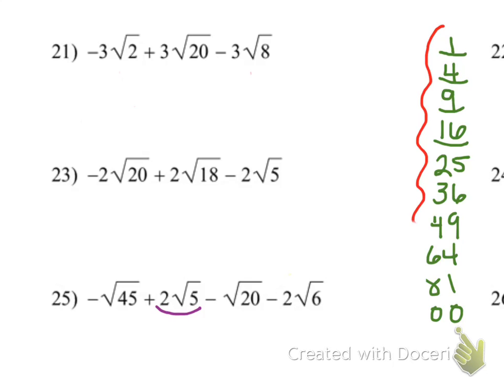2 root 5 is simplified, and 2 root 6, I know 6 doesn't appear simple, but if you factored 6, you'd get 6 and 1 or 2 and 3. Those are prime factors, 2 and 3. There's no perfect square factor within the factors of 6, and so 6 is a simplified root if it's radical 6.